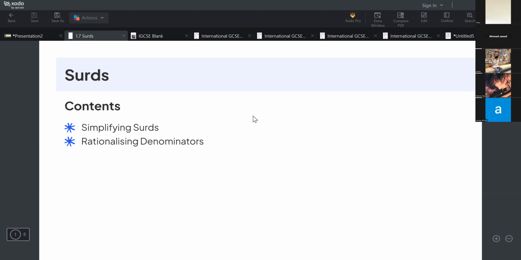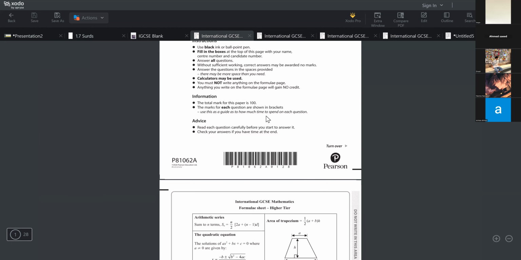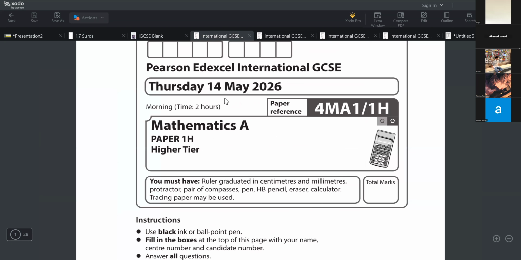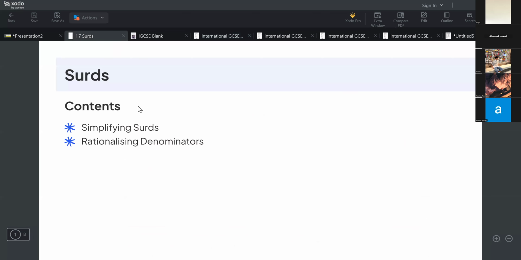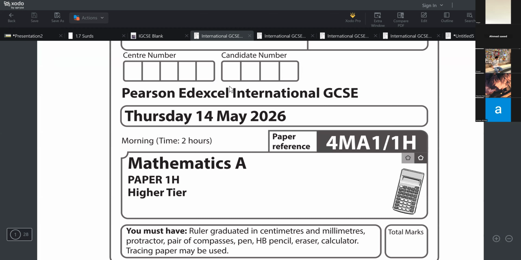We will start with this lesson and practice and solve all the surd questions from the last Edexcel exam, which was on 14 May 26.